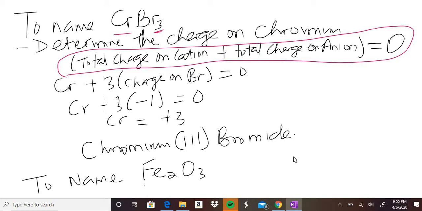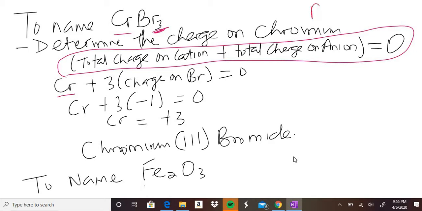So we say Cr, we don't know the charge of Cr, plus we have 3 atoms of bromine times the charge of bromine equals 0. So we have Cr plus 3 times -1.